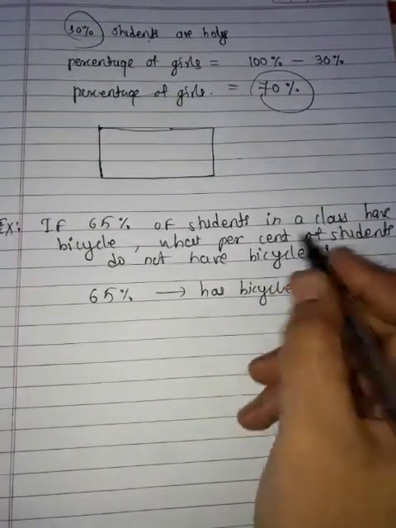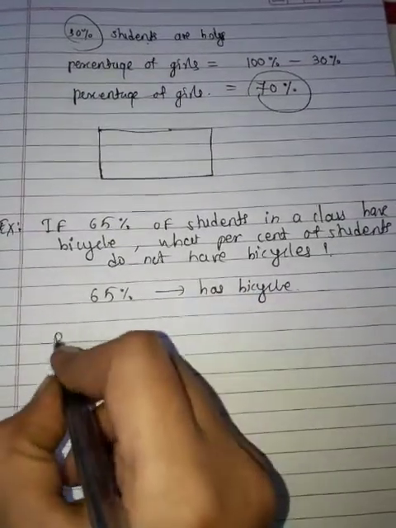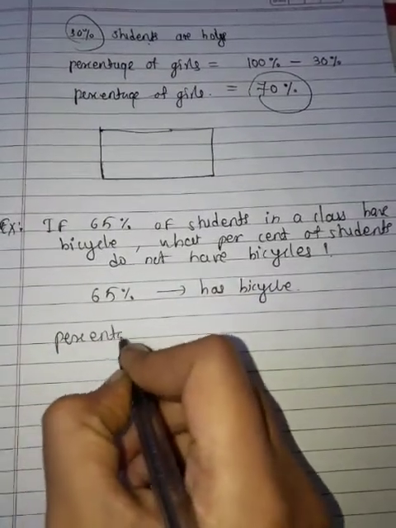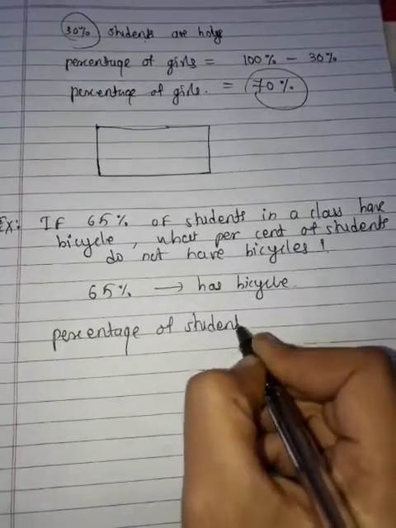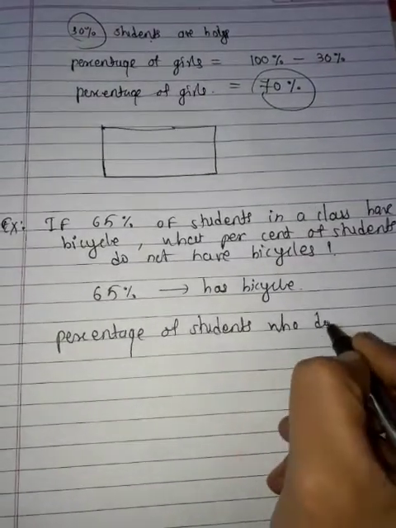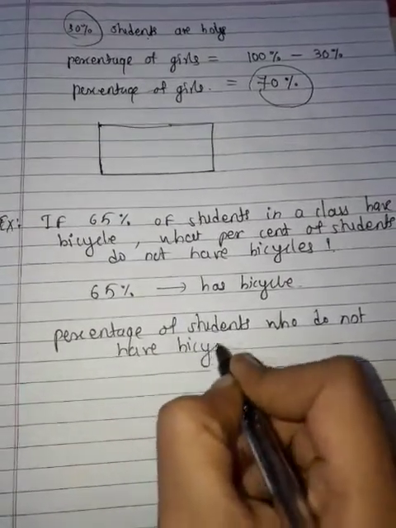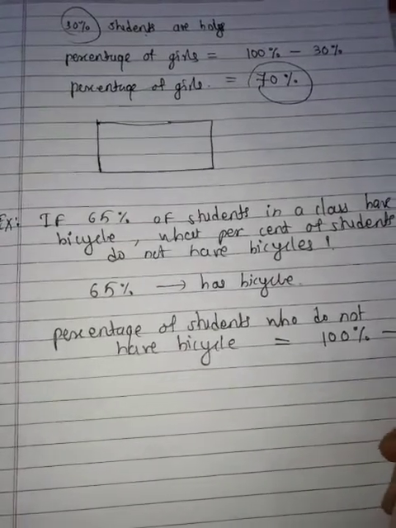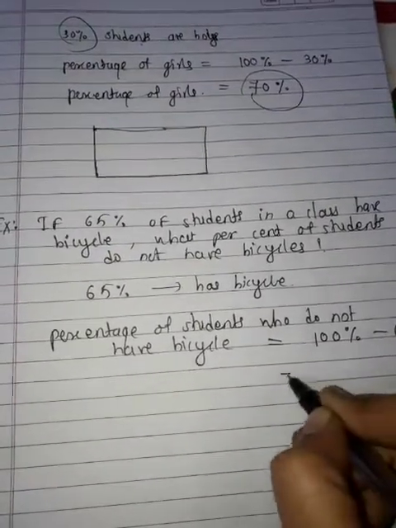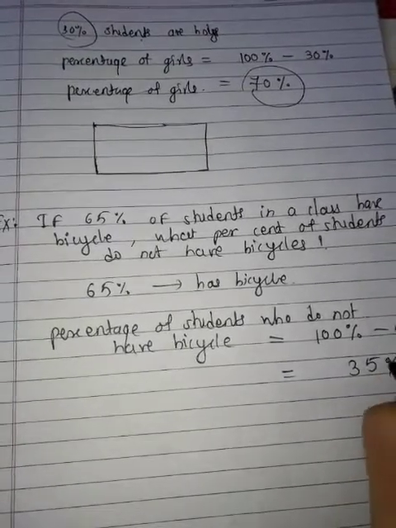Now to find the percentage of students who do not have bicycles, we subtract 65% from 100%, and it gives you what? 35%.